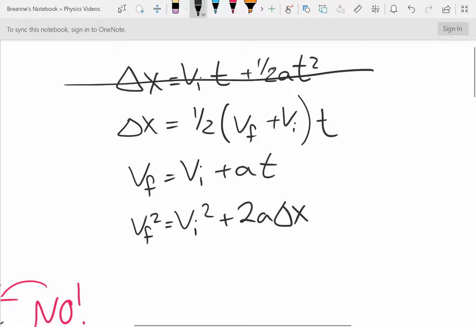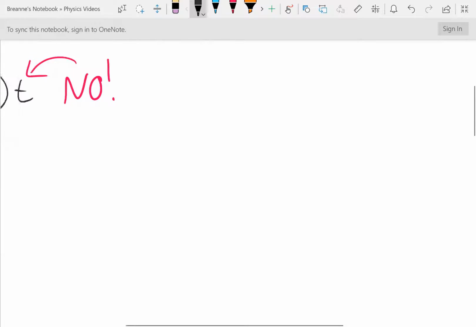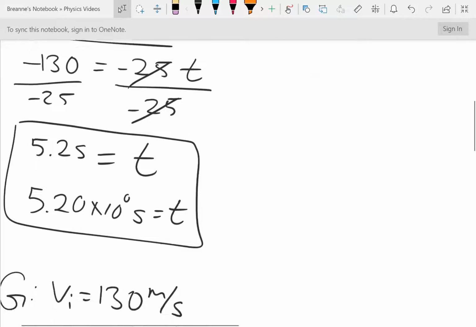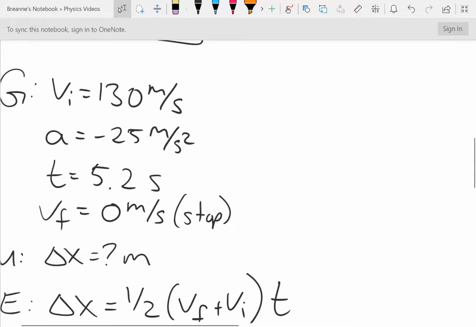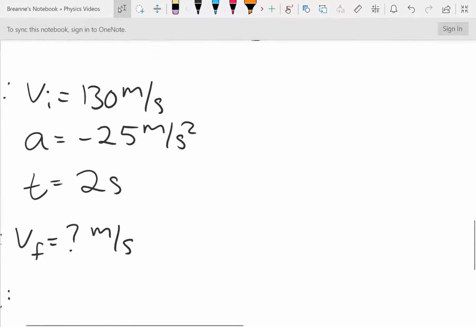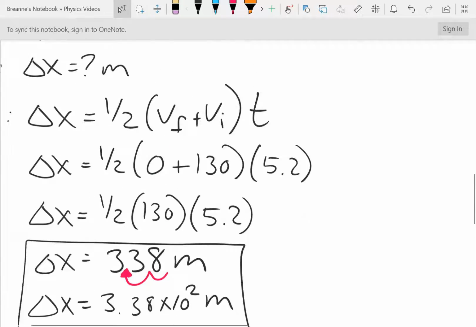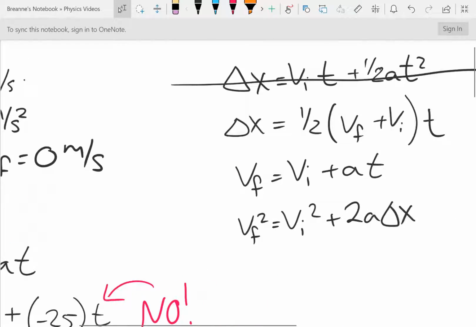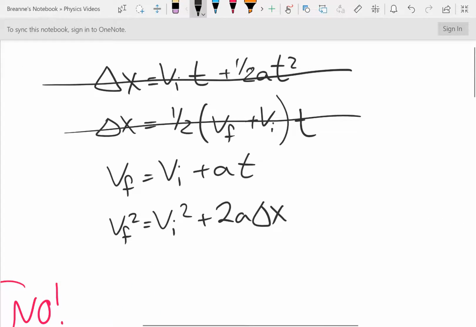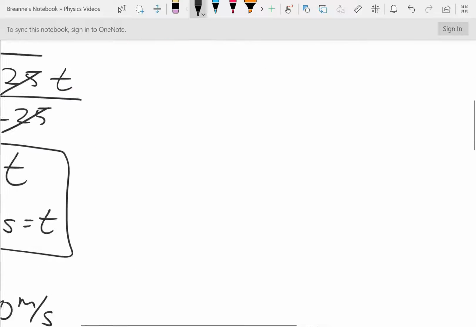But if we look at our givens, we are missing delta x. Delta x is not in our givens at all. See? No delta x. So we cannot use that one, and we cannot use that one because they have delta x in it. The only one we can use is the third equation.